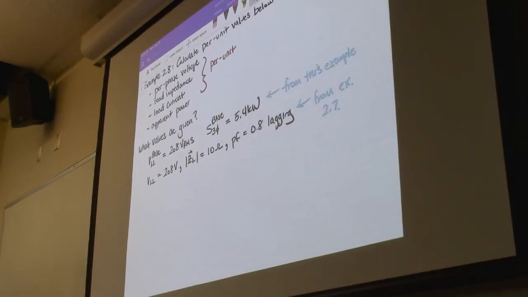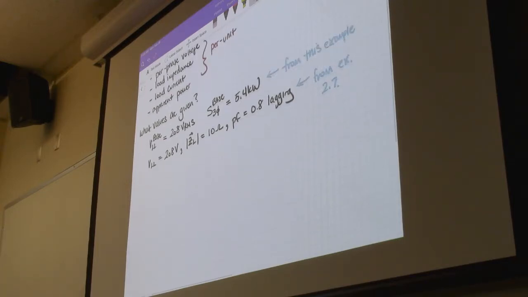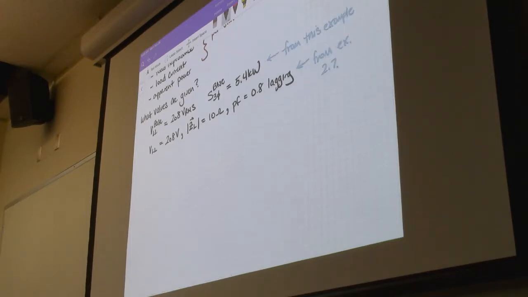The one that we did the power factor correction for. All right, so how do we handle this? I drew a picture, but I don't think we really need to draw a picture. Well, it might make things easier.